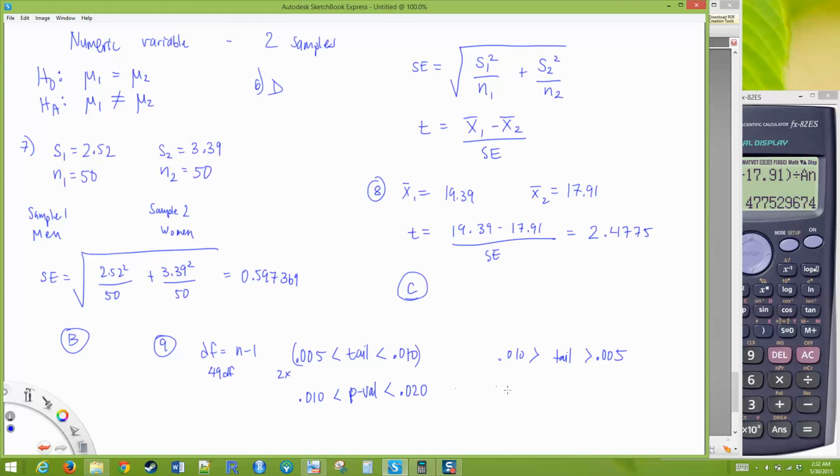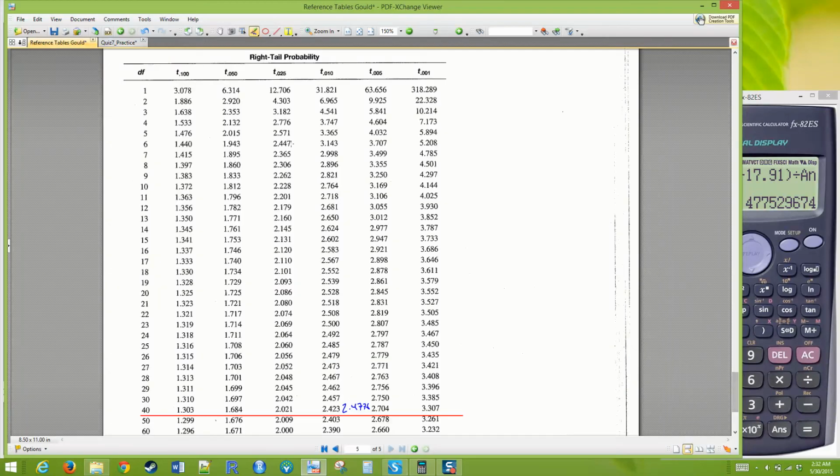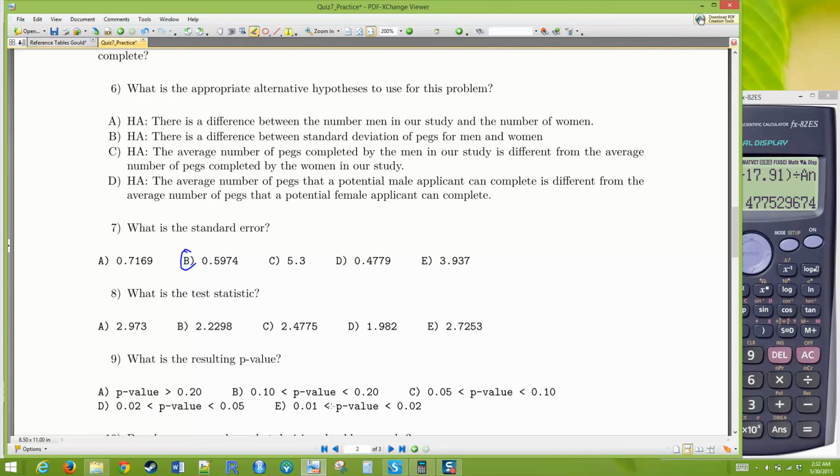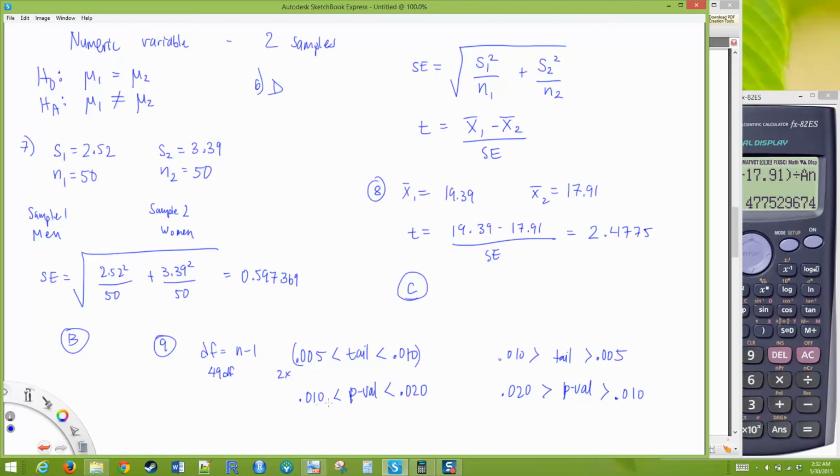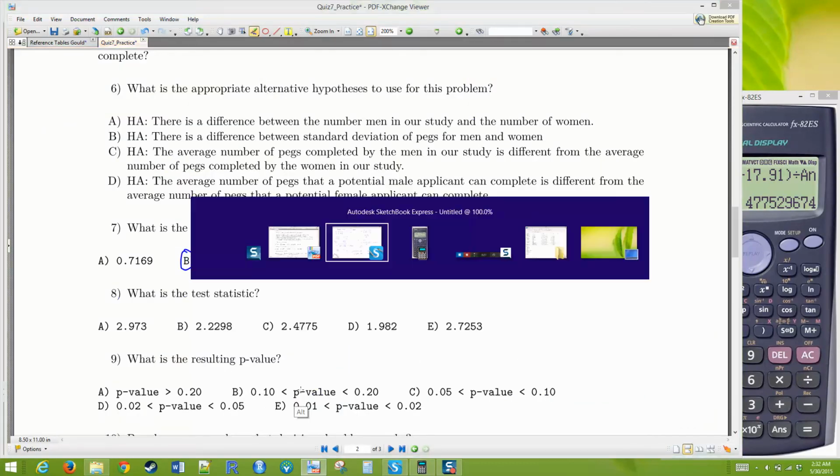Or if you do it this way, 0.010 times 2 gives us 0.020, which is greater than our p-value, which is greater than 0.005 times 2, 0.010. So our answer choice is that it's between 0.01 and 0.02, which is what we have right here. Okay, so number 9 is answer choice E.